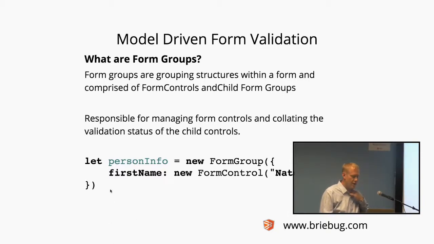So in our case here, here's our little form group variable. In this case, this is actually a let, so it's private. It doesn't really work for a form group great, because when we go to actually bind it, it's not available to the HTML. However, we create a person info object, assign it equal to a new form group, and first name is a new form control called Nate, so on and so forth.